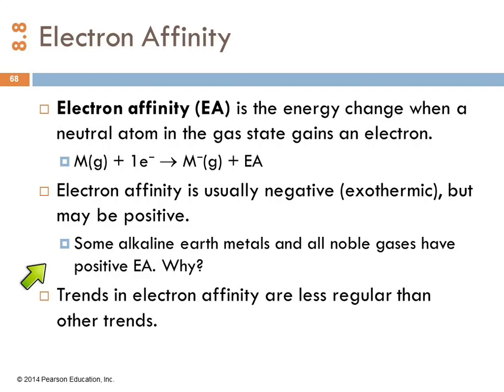It can be positive. Some alkaline earth metals and all noble gases have positive electron affinities. Why would a noble gas have a positive electron affinity? Let's look at neon. Neon has 10 valence electrons. What would happen to its electron configuration if it got an extra electron?